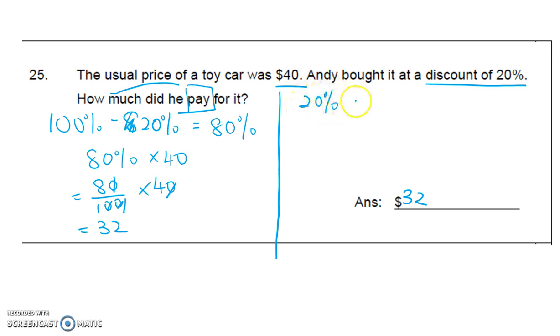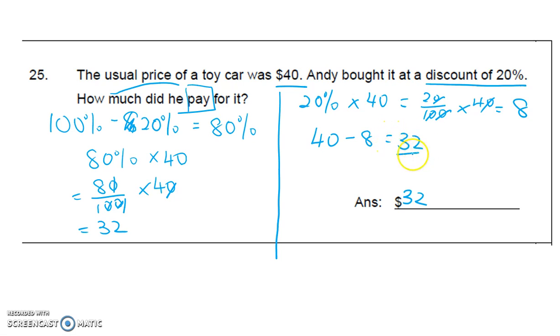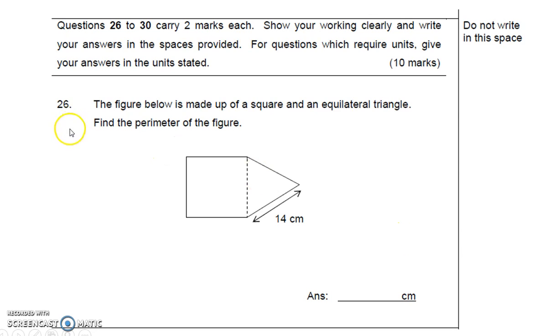So it's 20% of $40, which is actually 20 over 100 times 40. So the discount is actually $8. Since he had that discount of $8, 40 take away 8 is 32. Okay, let's move on.